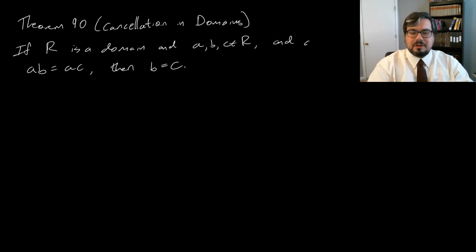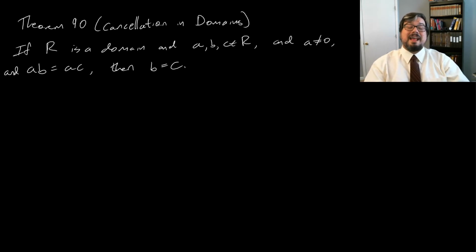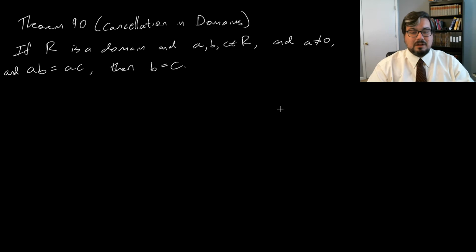I should say, we definitely require that a not be 0 here, because if a is 0, of course, then 0 times b equals 0 times c for any b and c, so this doesn't make sense for a equal to 0, but it does make sense for any a that's not 0.